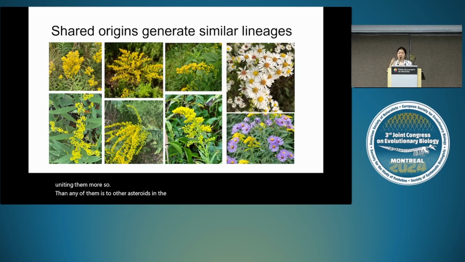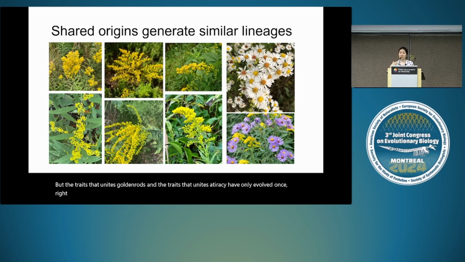So that instinct of picking apart the similarities and differences is driven by the result of this historical evolution that made lineages more similar to each other if you're more closely related. But the traits that unite goldenrods and the traits that unite Asteraceae have only evolved once, right?